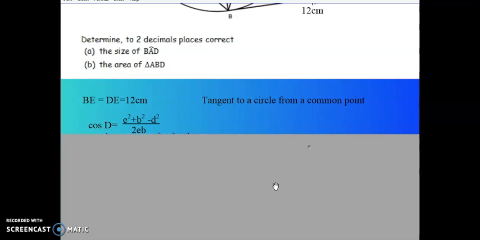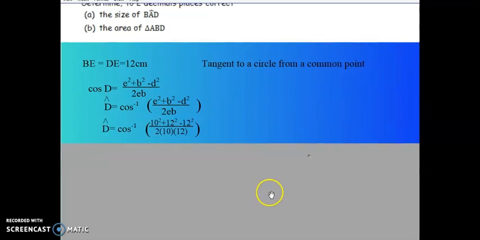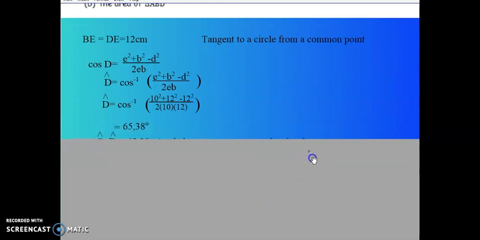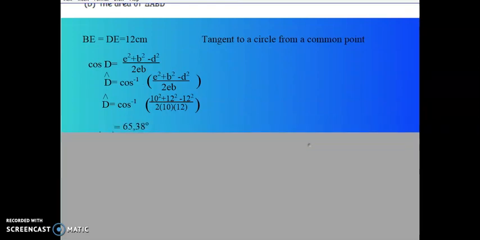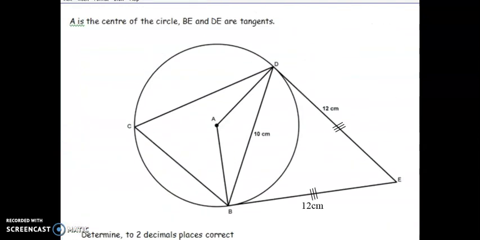Then I manipulate the equation until I get to angle D is equal to shift cos of E squared plus B squared minus D squared all over 2EB. I substitute my values and I calculate the value of angle D, 65,38 degrees.